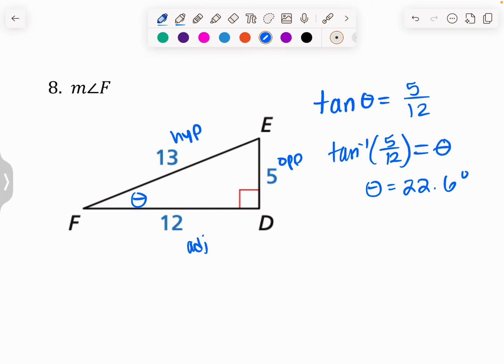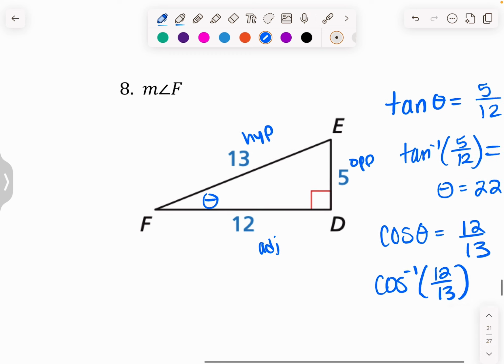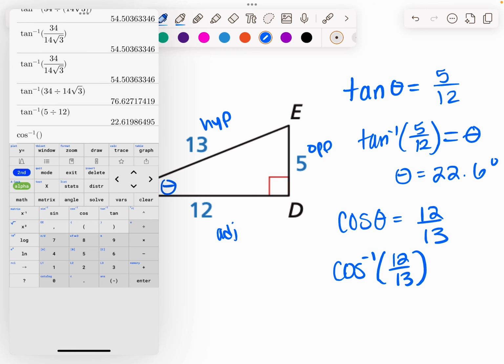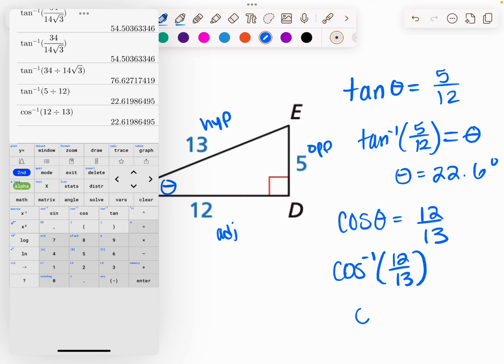Or you could do cosine of the angle, which would be 12/13. Inverse cosine of 12/13 should give us the same answer, again 22.6.